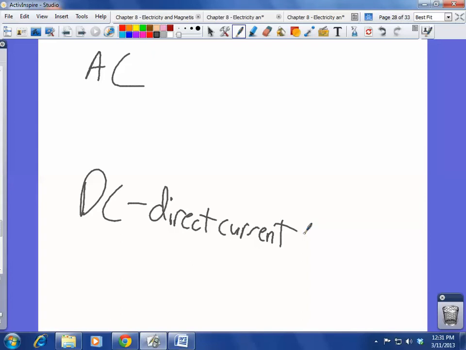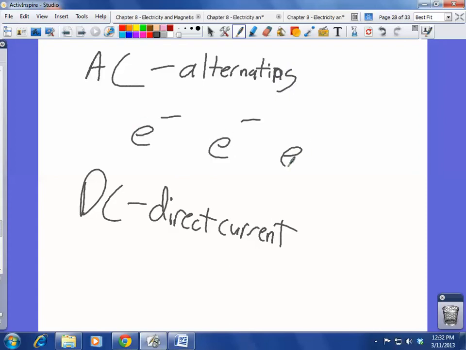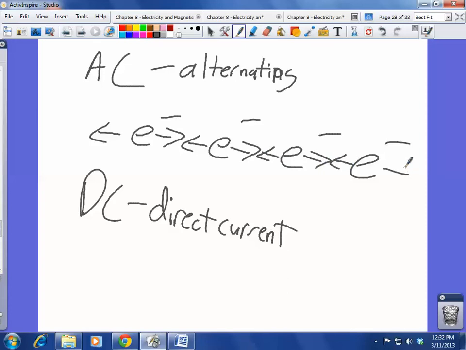But with alternating current, or AC, instead of just having this direct path, we take advantage of the fact that all these wires in this building outside are full of electrons. Instead of pushing all the electrons in one direction, alternating current pushes and pulls these electrons in both directions.